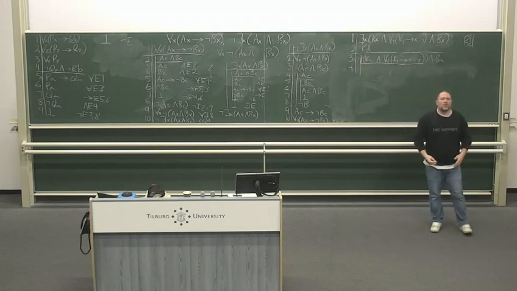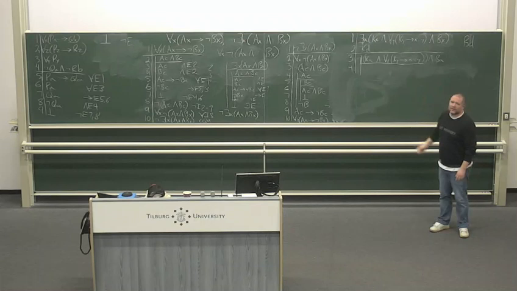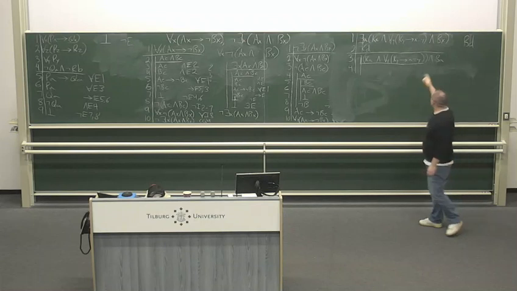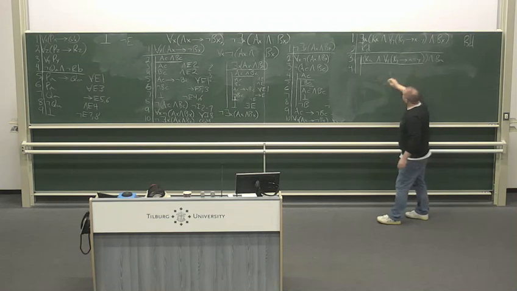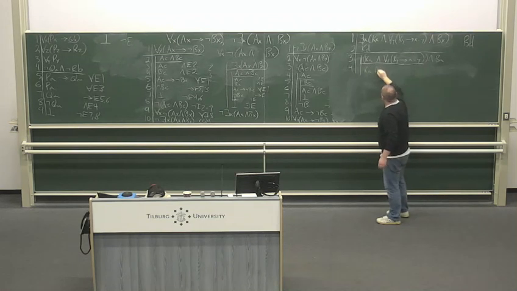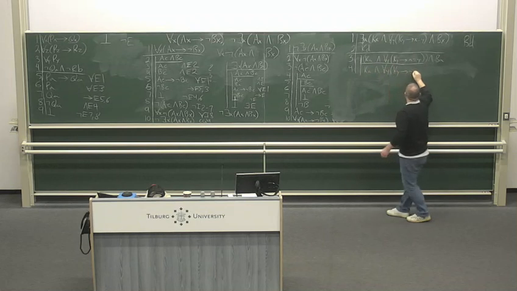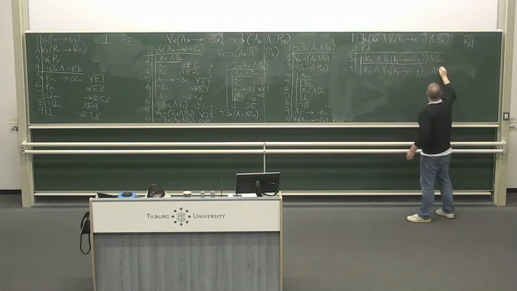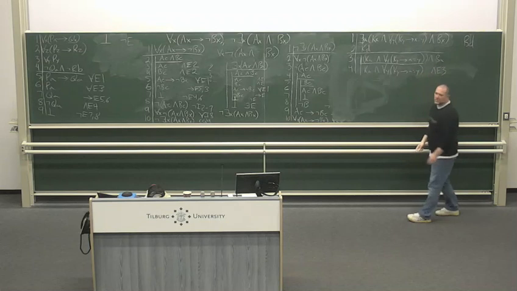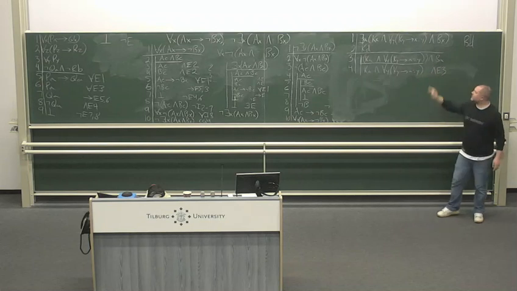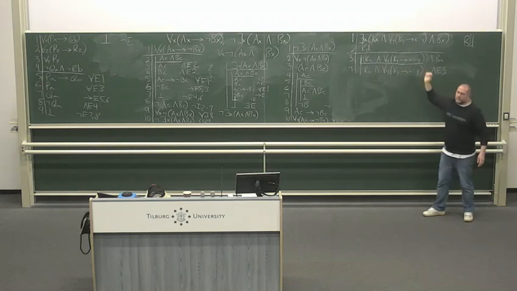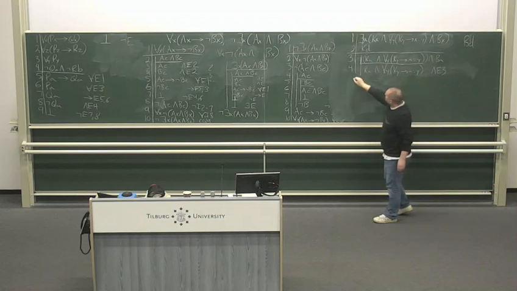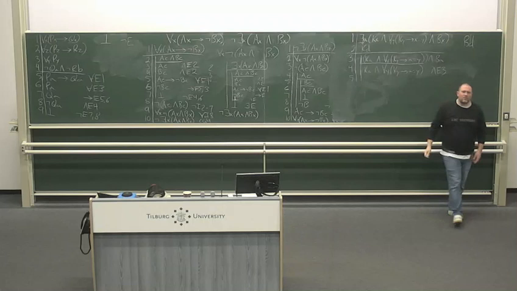Now, what we want to do from here is we want to start ripping parts out. The first thing we want, let's take that conjunction out, that conjunct. Because there's something in there that we want.